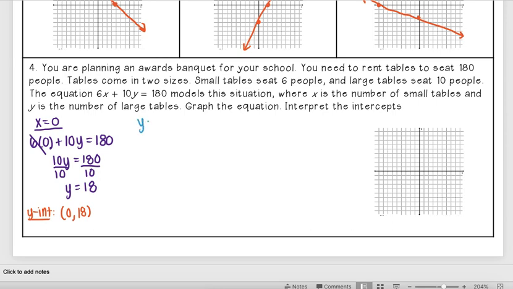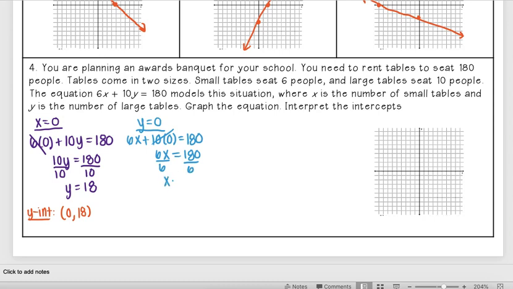Okay, and then now I'm going to find my x-intercept. So for my x-intercept, I'm plugging in y equals 0. So now I'm going to keep my x, but instead of y, I'm going to put 0. Well, 10 times 0 is just 0, so that goes away. So I have 6x is equal to 180. And then I'm going to divide both sides by 6.